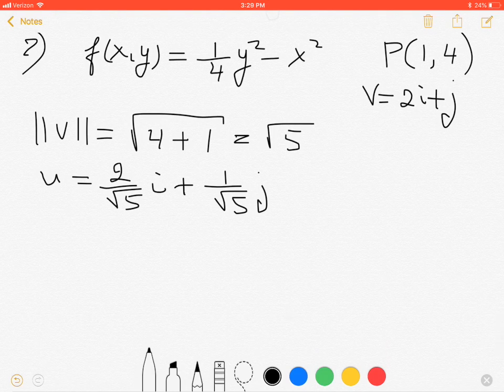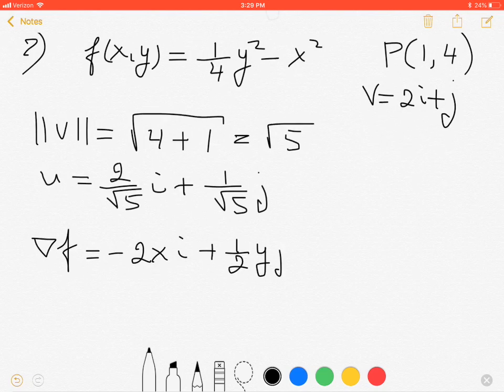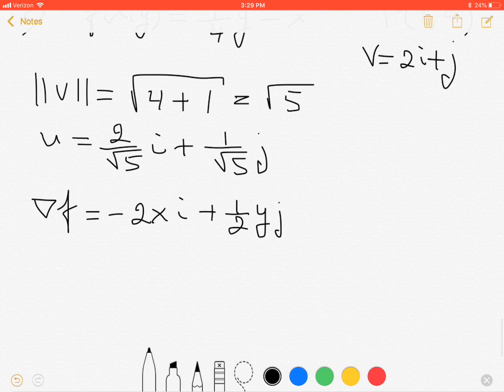Now we're ready to find the directional derivative. Find the gradient of function f. It will be the derivative for x, minus 2x i, and the derivative for y will be plus 1/2 y j. Here you have two ways.